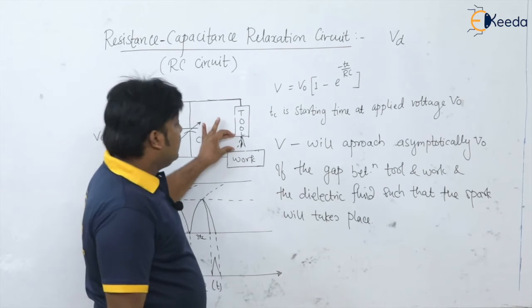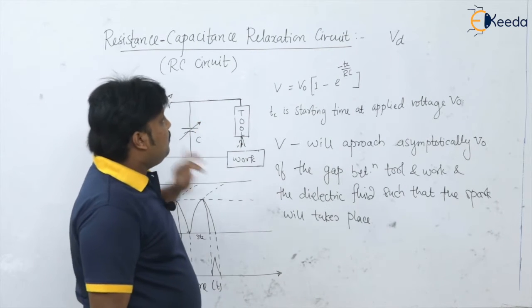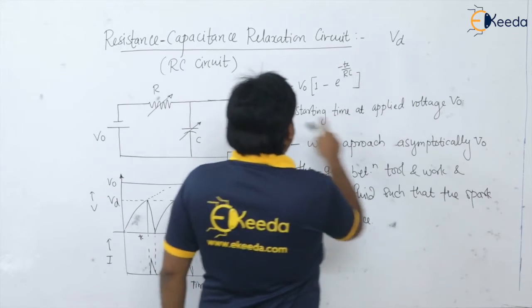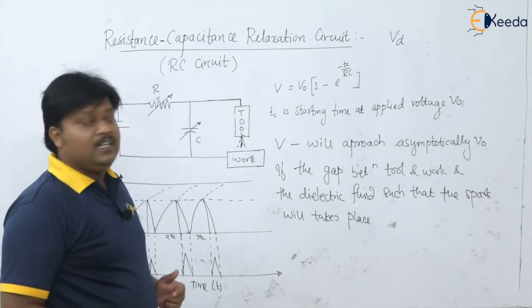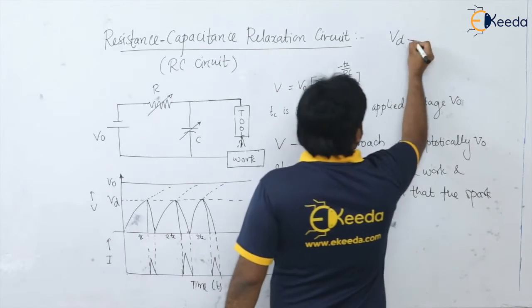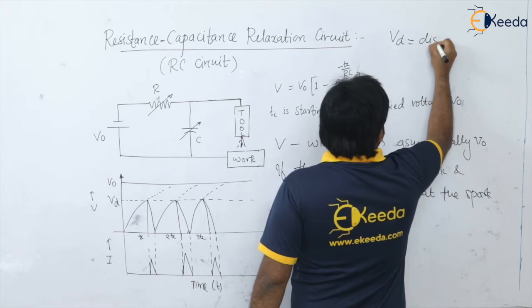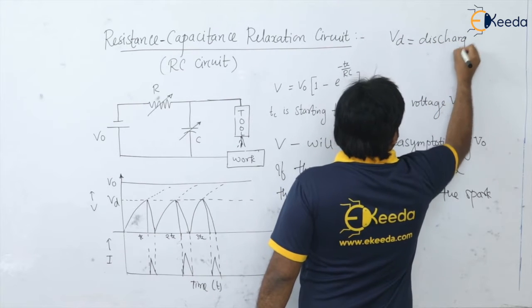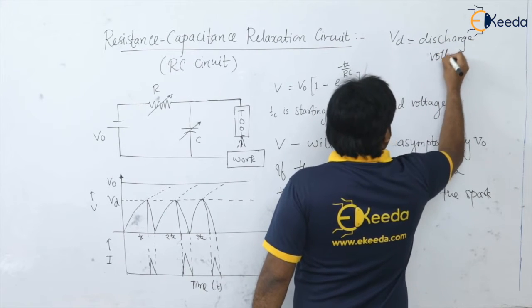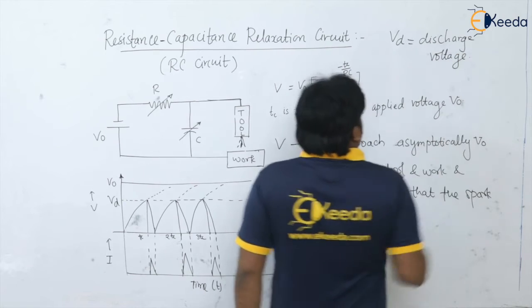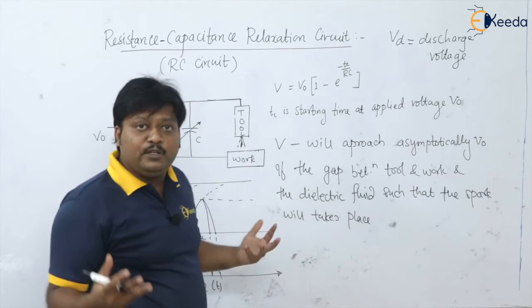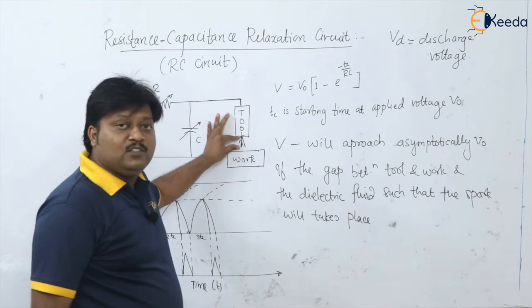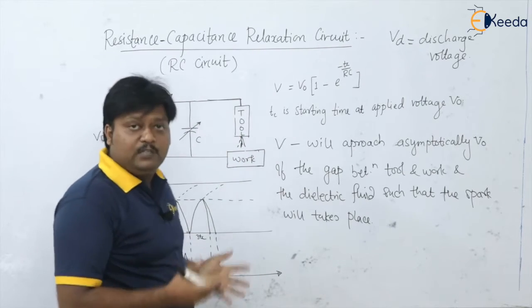The spark is taking place between this gap. Now this V becomes what? The discharge voltage. VD is commonly known as the discharge voltage. When this V reaches VD, the spark is going to generate at the tip of the electrode.